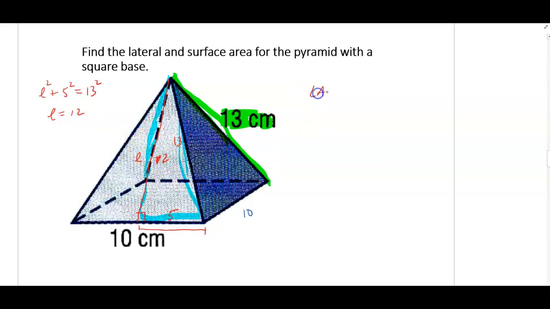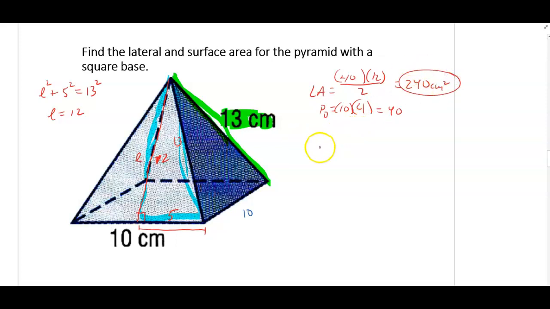So now I can find the lateral area. The perimeter of the base is 10 times 4, which is 40. So we're going to get 40 times 12, all divided by 2. 40 times 12 divided by 2 gives you 240 centimeters squared.